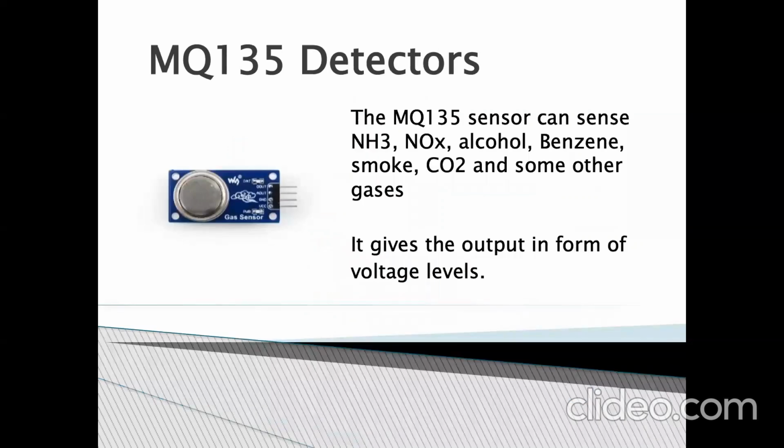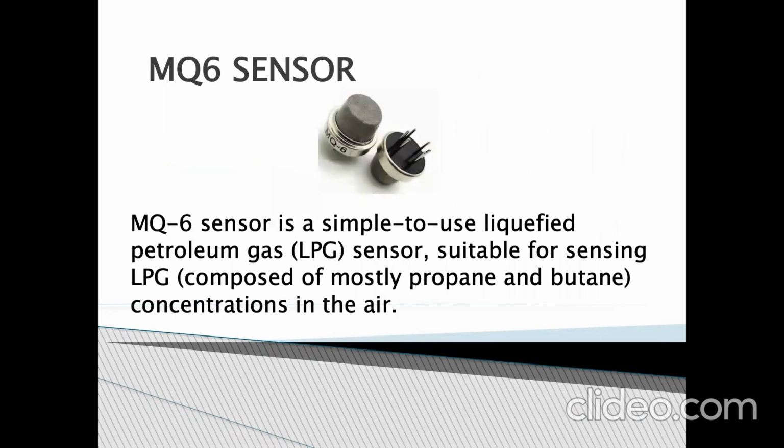So now my friend Khurshid will talk about the sensors and detectors that should be used in our project. Okay, in order to sense benzene, alcohol, smoke, and CO2, we use MQ135 detectors, and it gives the output in the form of voltage level.